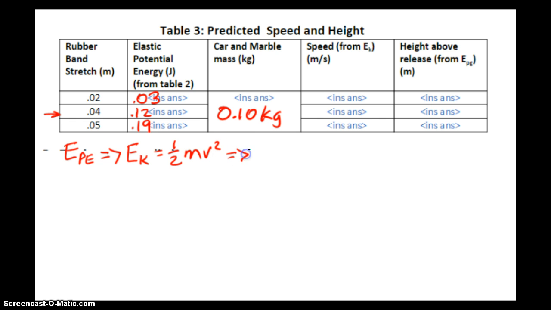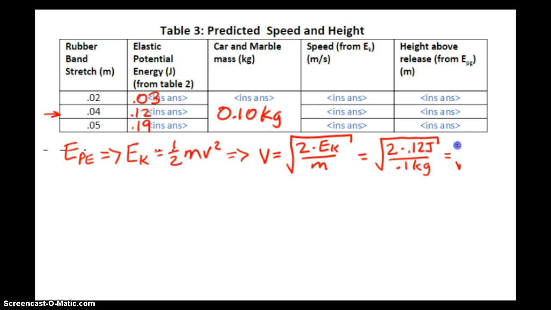Okay, so I'm going to change this around, so I'm going to isolate the speed or velocity. So I'm done with the algebra. I say that velocity is going to be equal to the square root of 2 times our kinetic energy. Remember, that's the same as our elastic potential energy over here, divided by the mass. Let me go ahead and figure that out right here.